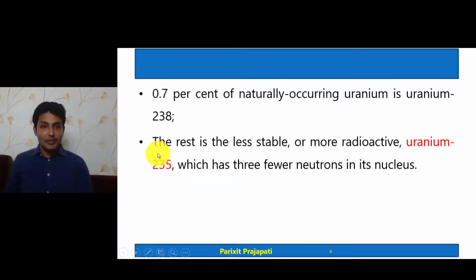Now what is the difference between uranium-235 and uranium-238? That is just the number of neutrons. Uranium-235 has three fewer neutrons than 238, and hence it is unstable. Because of that it is radioactive.